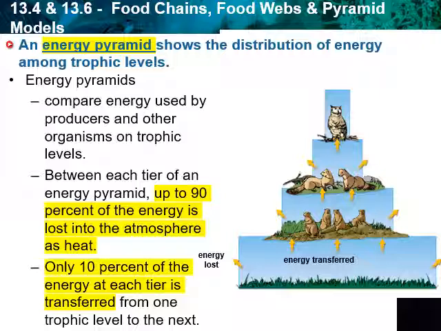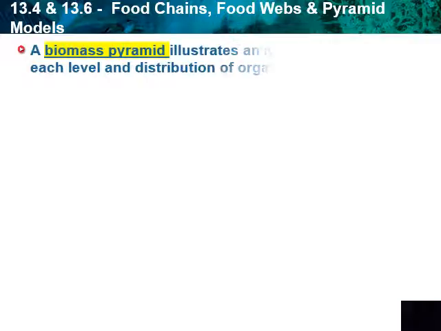Okay, so that's how you would end up with what number is here. They might also ask you how much energy is lost. And again, that's 90% is lost to the atmosphere as heat. When we go and do metabolism, we break that food down, okay? We produce energy by eating that food, but we also lose energy by breaking it down as metabolism.